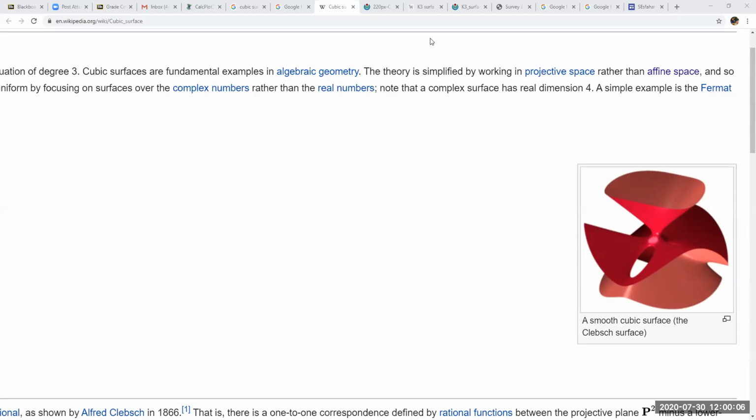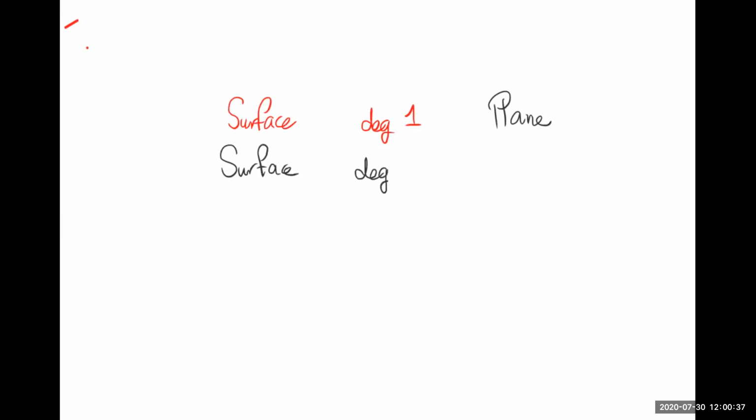What about degree 4? The equations of degree 4 are different. They don't look similar. So we might have a surface whose equation has degree 1. If the degree is 1, we would have simply a plane. We might have a surface whose equation has degree 2.